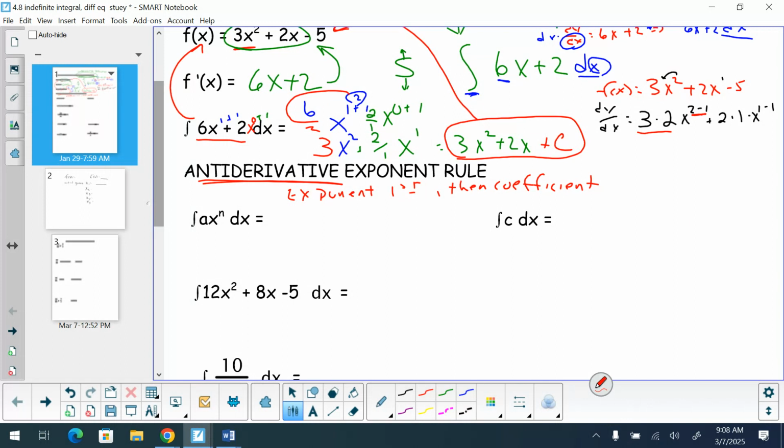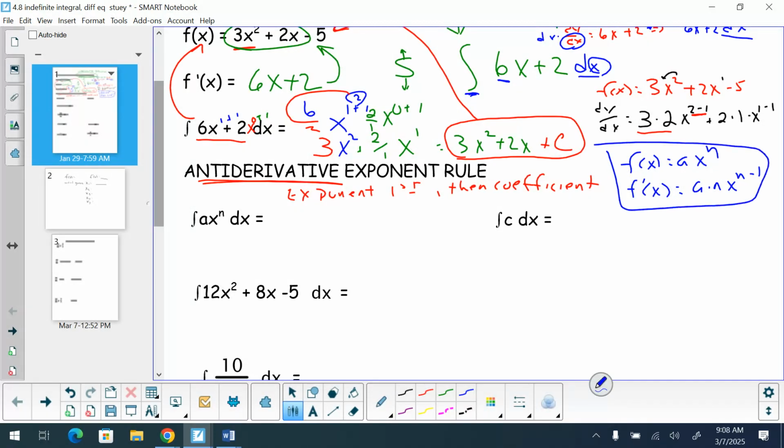So in general, we could get an antiderivative formula or rule. Our derivative rule with respect to exponents was a times n times x to the n minus 1 power. This is what we worked out with the derivative, and that's the process we work with respect to derivatives.